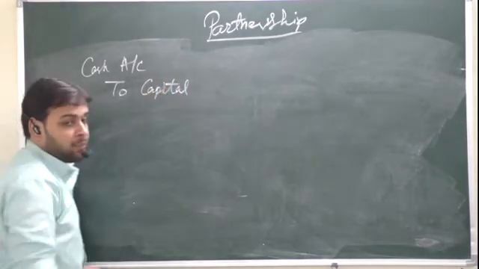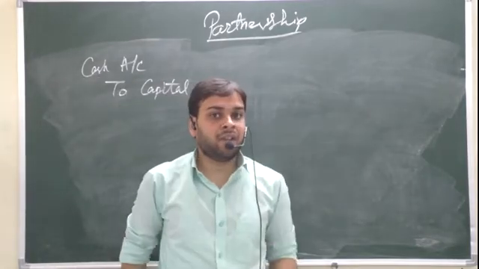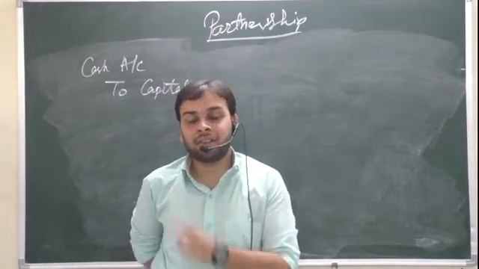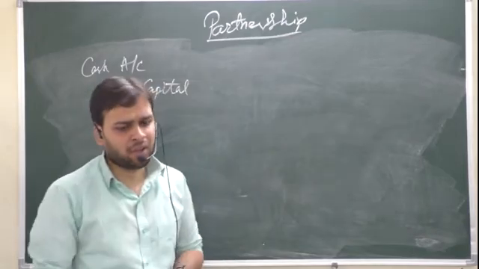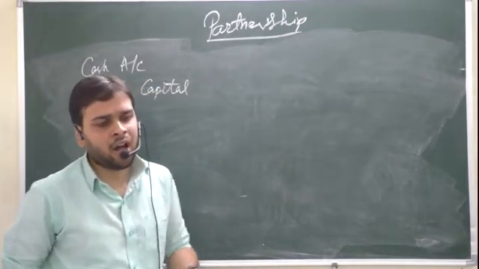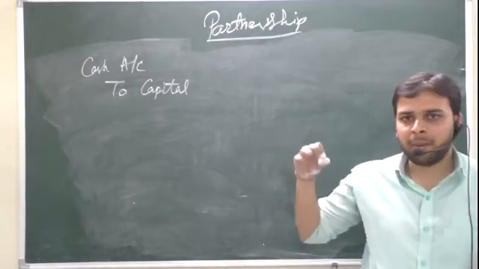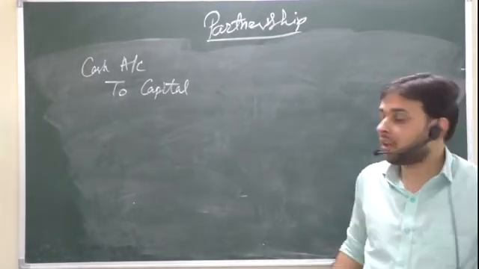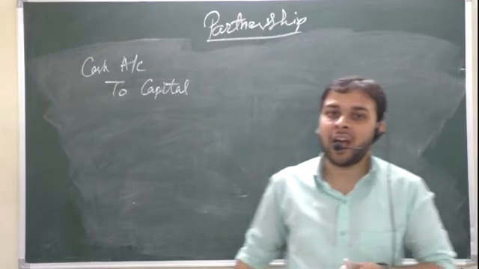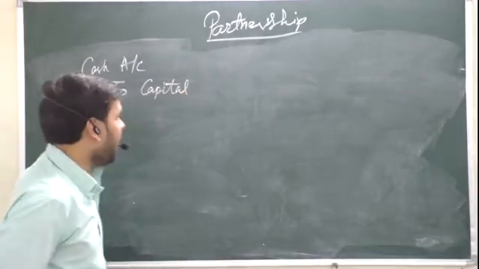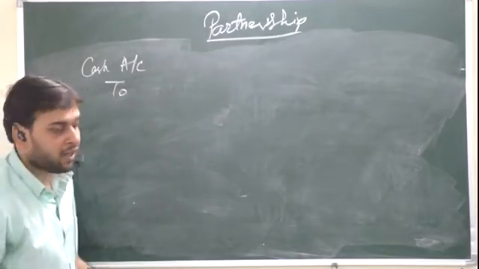But in a partnership business there are minimum 2 persons. So how can we segregate how much capital has been contributed by A and how much by B? Instead of writing capital account, we will write the name of the partner.